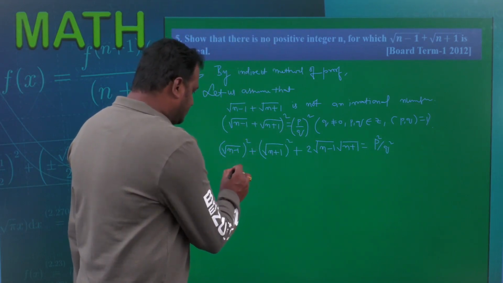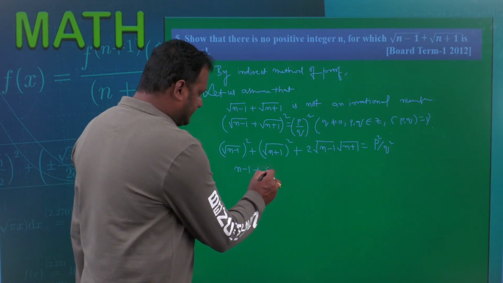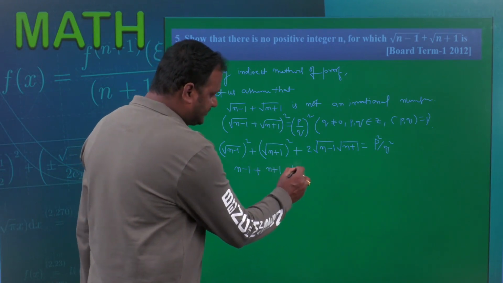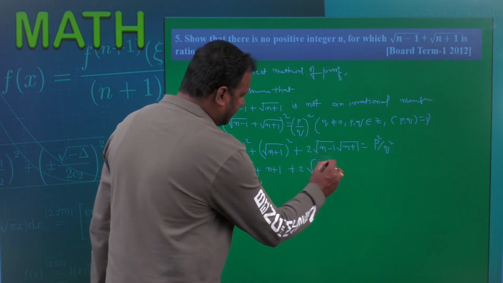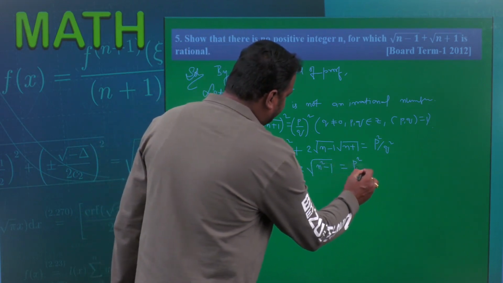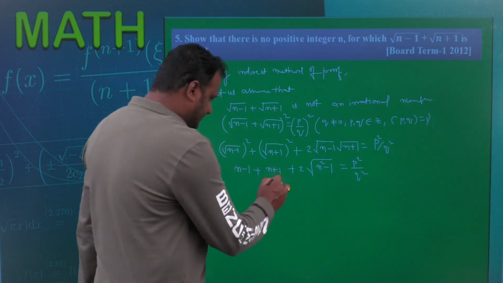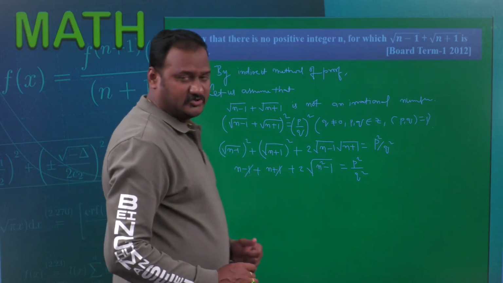Root over n minus 1 whole square is n minus 1 and this is n plus 1, and plus 2 into root over n minus 1 into n plus 1, which is n square minus 1, is equal to p square by q square. Of course minus 1 and plus 1 cancel, n plus n is equal to 2n.